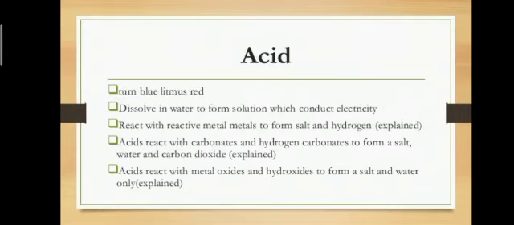Acids react with carbonates and hydrogen carbonates to form a salt, water and carbon dioxide. Means when an acid reacts with a base it forms salt and water, as you have already studied in the neutralization reaction that acids react with base to form salt and water. Acids react with metal oxides and hydroxides to form salt and water only.